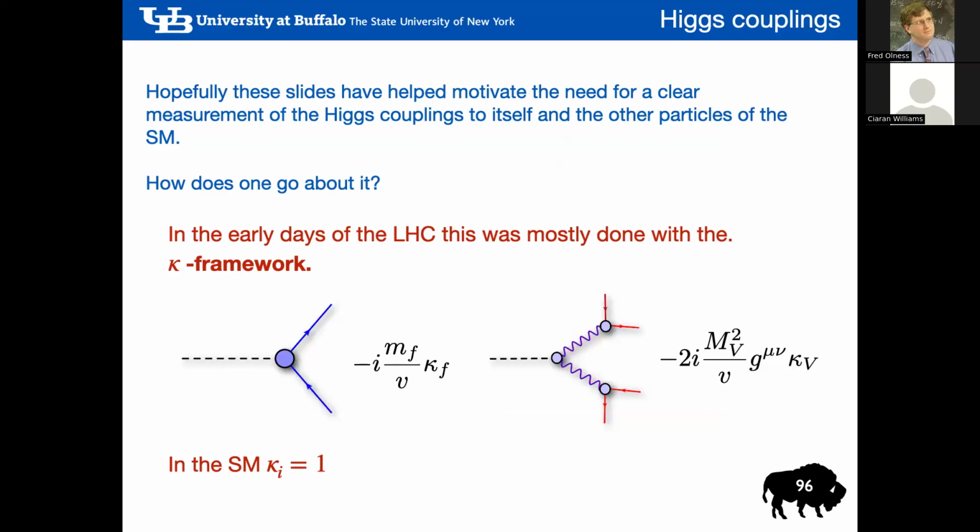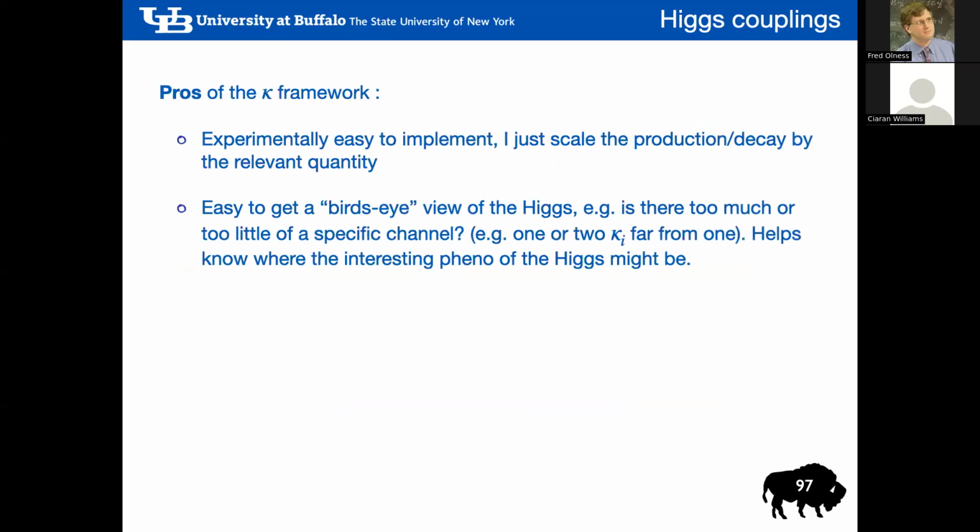The easiest thing you can do, and what was done in the early days of Higgs physics at the LHC, was to work in what is called the kappa framework, where I would take any coupling in the standard model and give it a kappa value. So this would be one for the fermions and one for the vector bosons. And of course, each particle will get its own kappa. So the prediction of the standard model is that kappa is equal to 1.